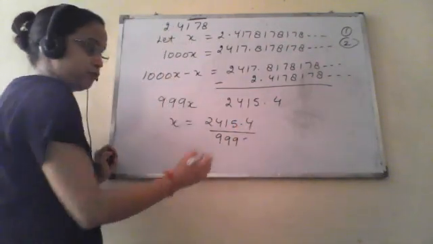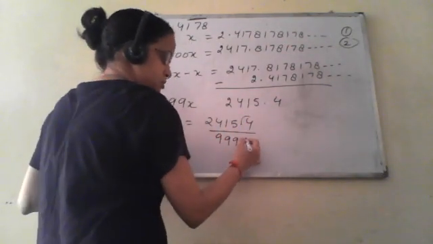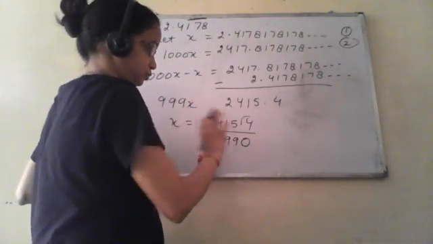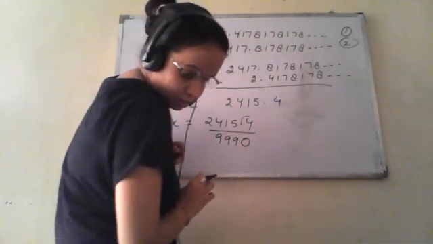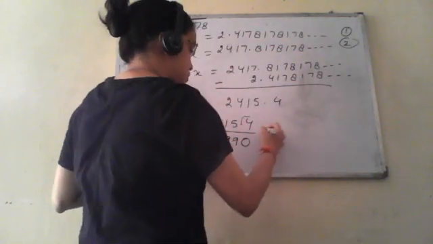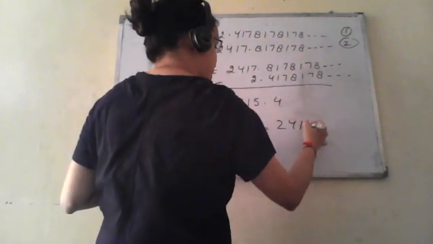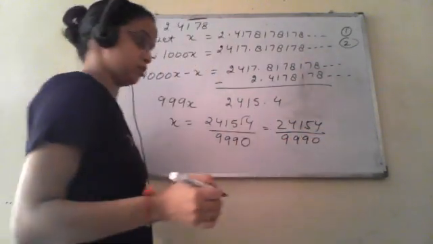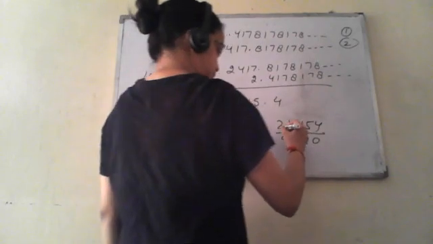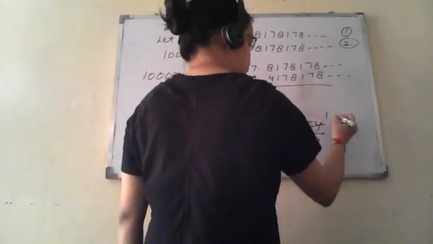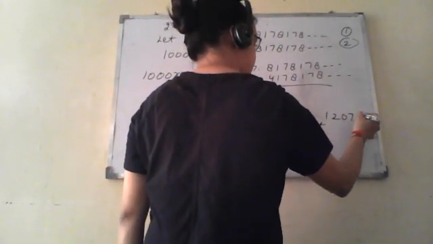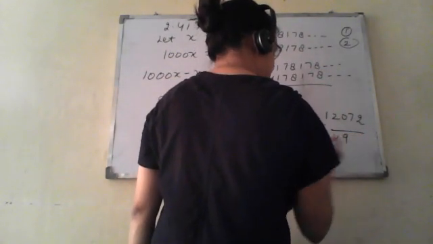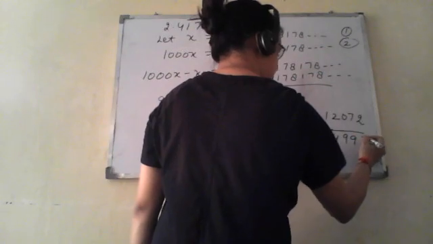Okay, so it was 0.4. We will remove this decimal and we will get a 0 here. Clear? So this is 24154 upon 9990, and we have to reduce it to standard form. So this will be 12077 upon 4995.